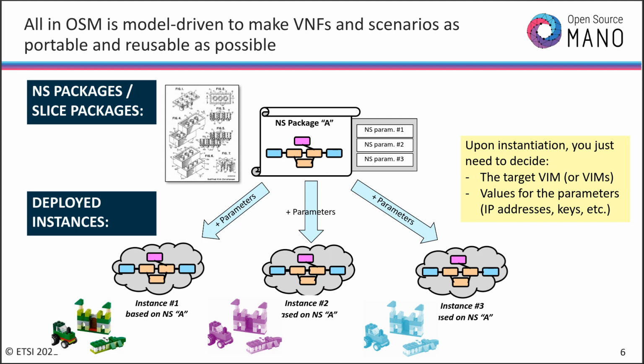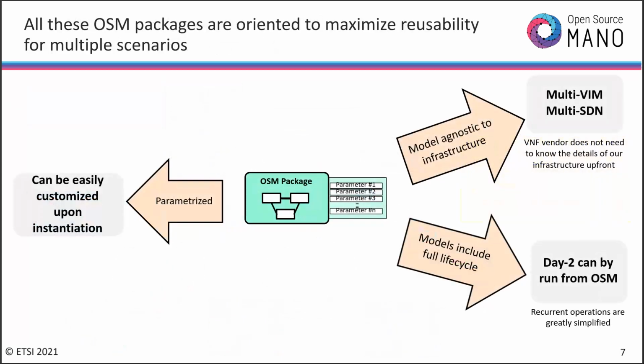All right. So the key here is that these packages can be reused, so they can be parameterized. We don't need to create a different package for just a similar deployment somewhere else.